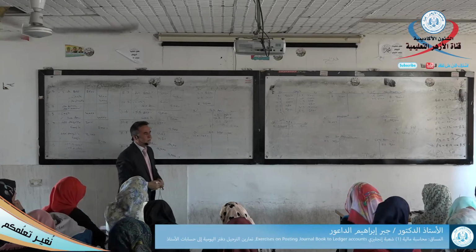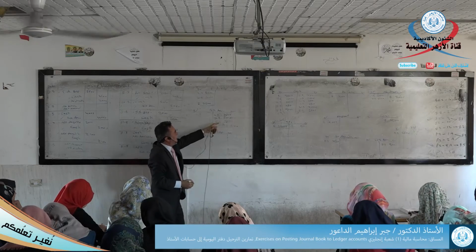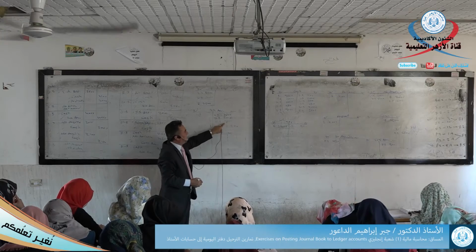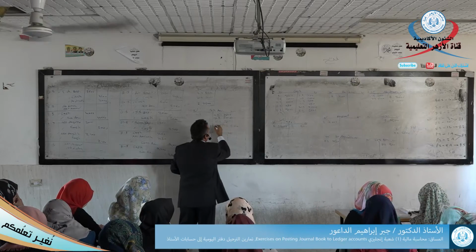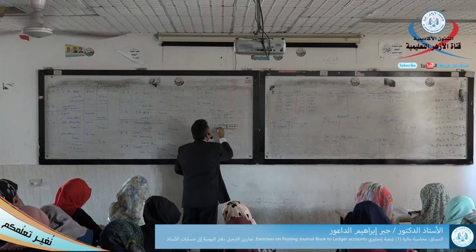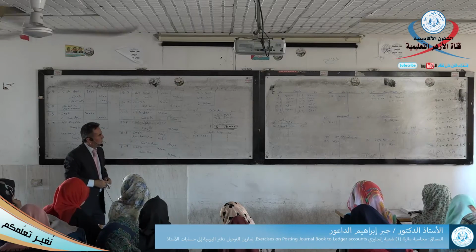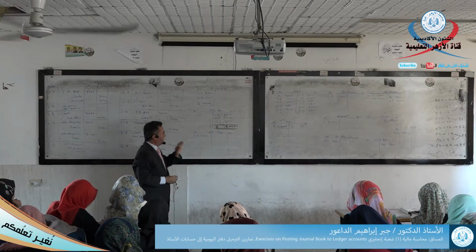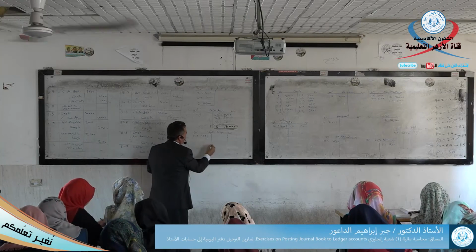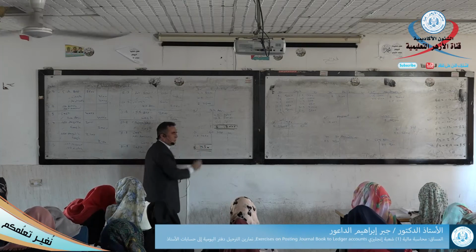Admission revenue: debit side 0, credit side 4,000 plus 5,000 plus 9,000. Advertising expense: 0 credit, 450 debit. Balance.